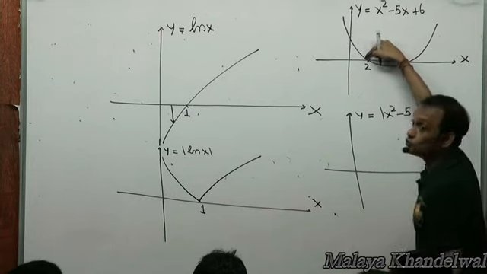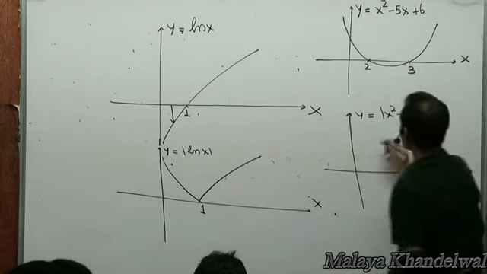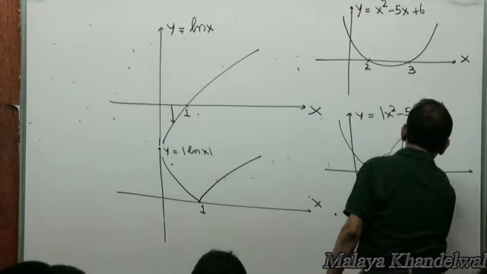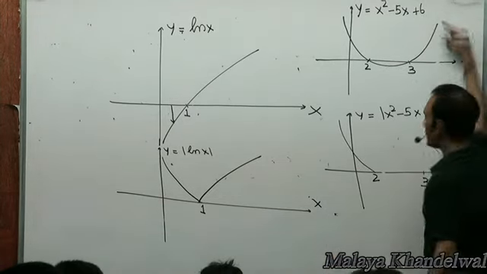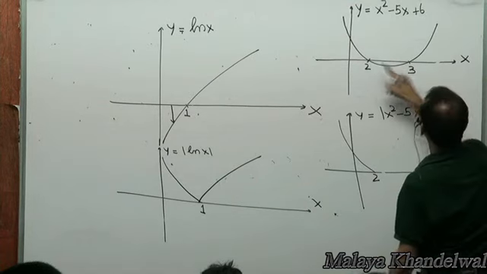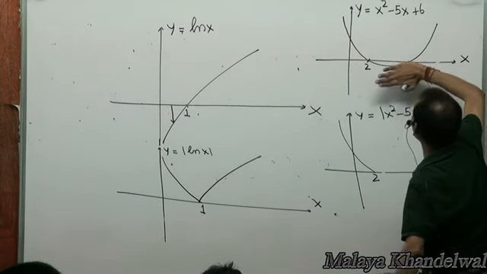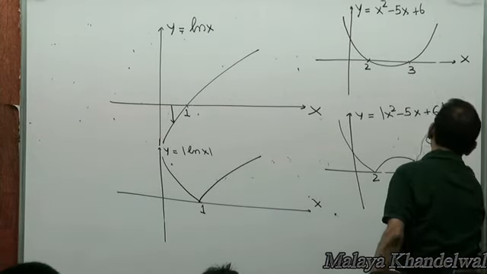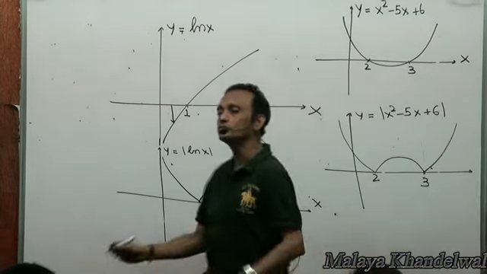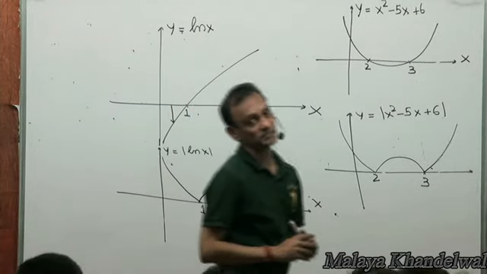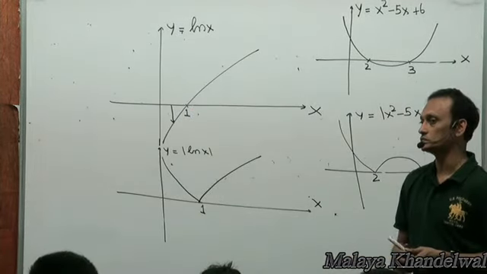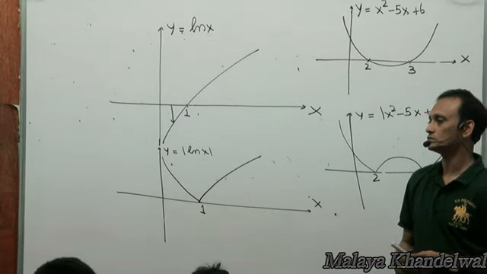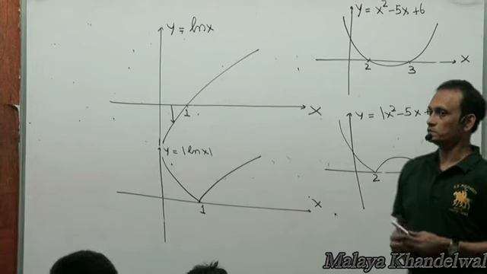Then to the left of 2, it's above the x-axis, I will retain that. To the right of 3, f(x) is non-negative, I will retain that. Between 2 and 3, f(x) is becoming negative, I will flip this portion about the x-axis. This will give me the graph of y equal to mod of x squared minus 5x plus 6. Yes or no? Clear?